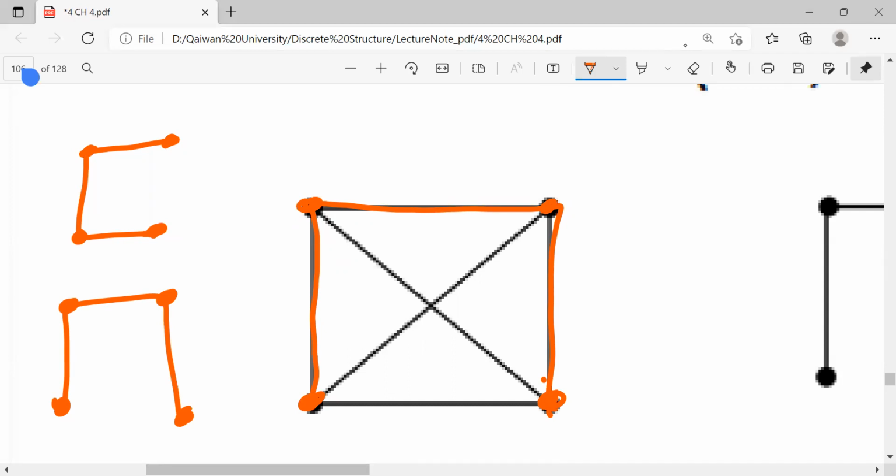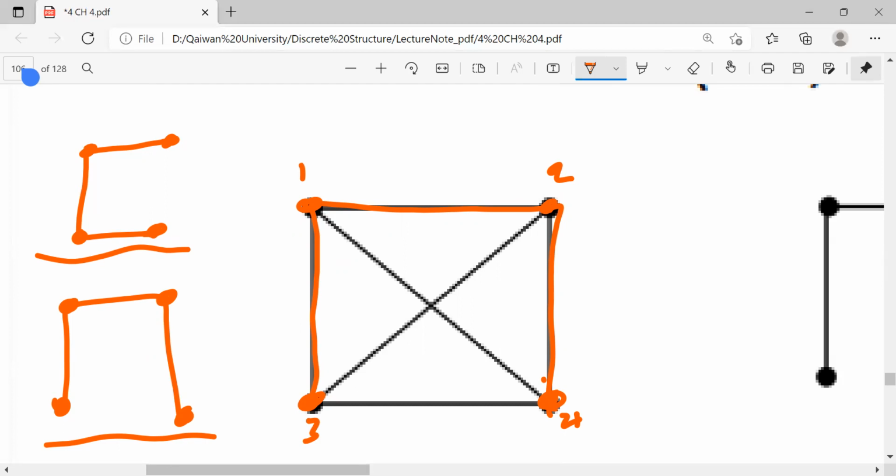Here in this graph, we have only 4 vertices, let's name them 1, 2, 3, and 4. Each of these 2 trees does not contain any closed cycle. Also, the number of nodes is more than the number of edges by 1.